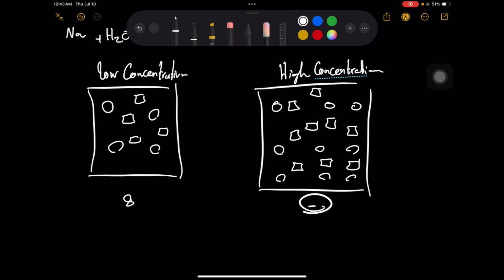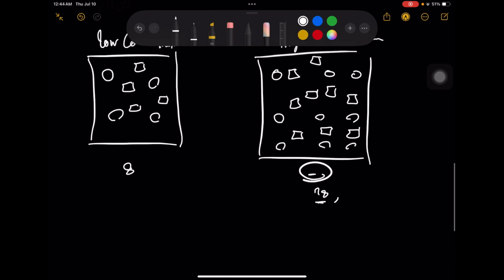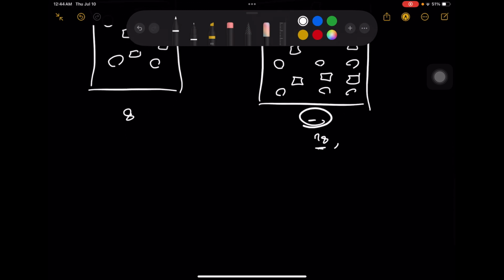And we have another room of 18 people, and I tell them to run. What's the probability of these people colliding with each other? You would obviously go for the 18, and it shows that the higher the concentration, the higher the chance of collision, which lowers the activation energy.